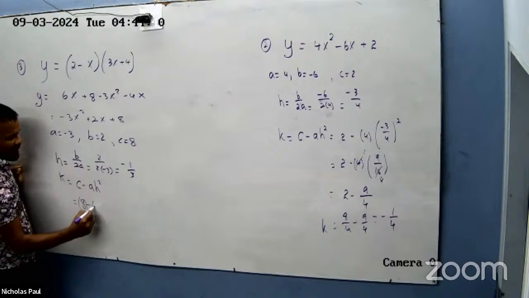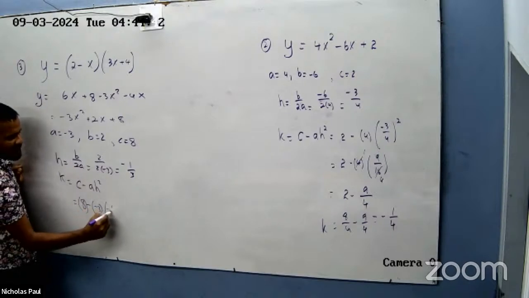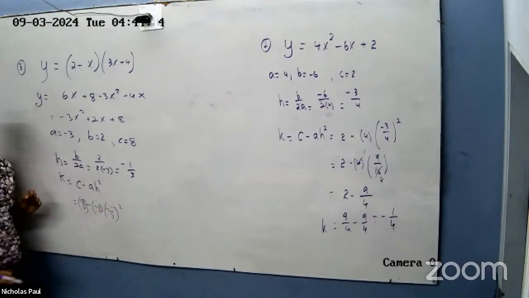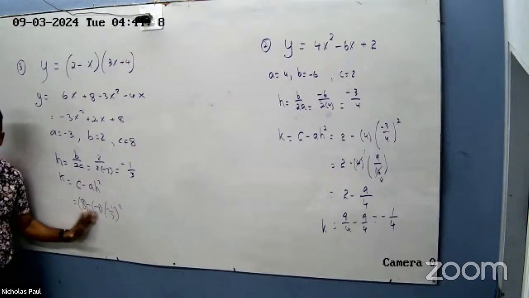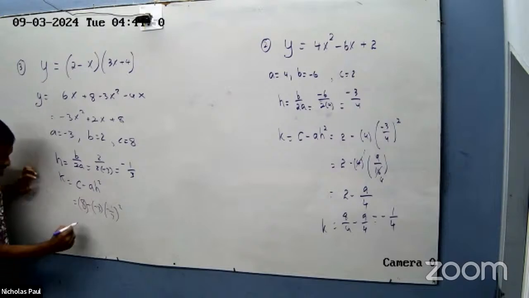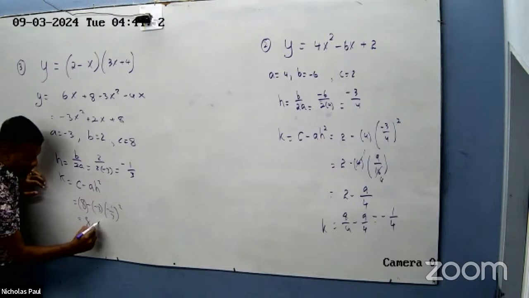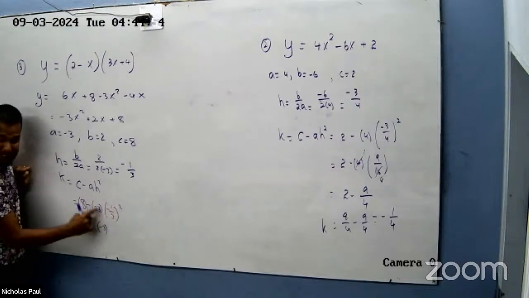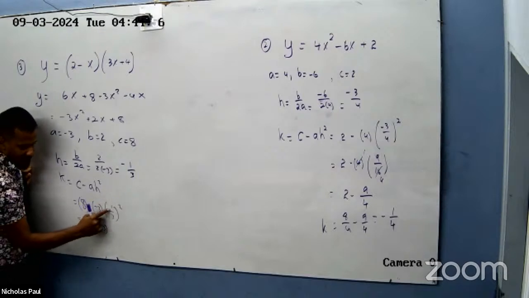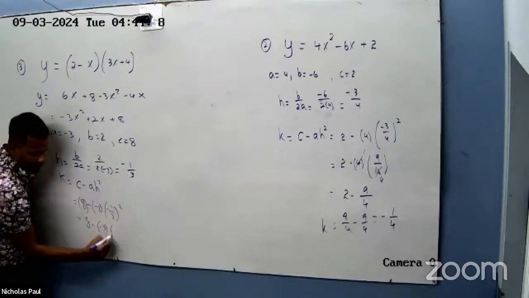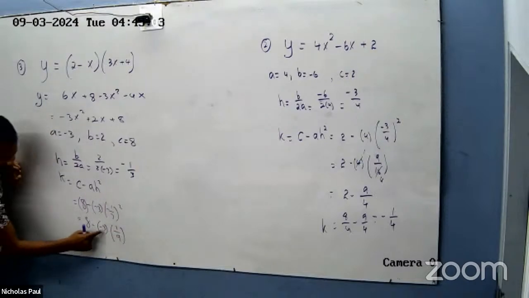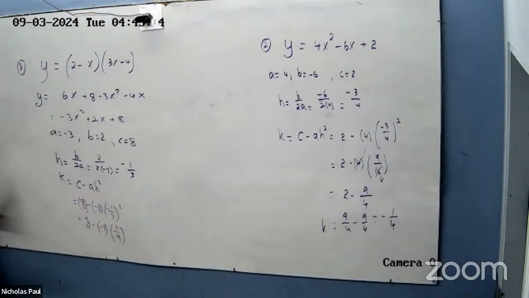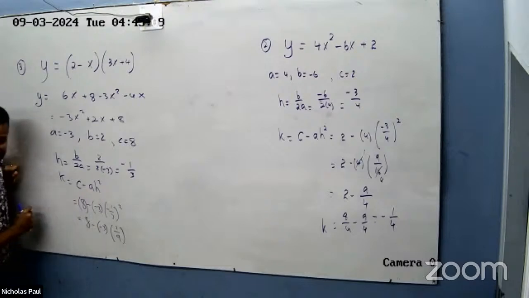A is minus 3, and h is minus 1/3 squared. What do you see? A minus and a minus, so that will turn into a plus. Or you can ignore this. Work out this first. Minus 1/3 squared is 1/9. Then you can cancel this with that value, or you can multiply a minus and a minus and you'll get a plus.